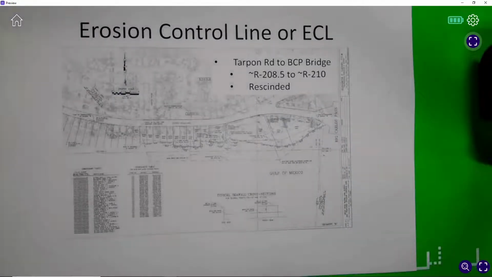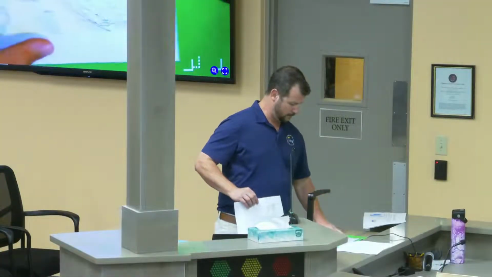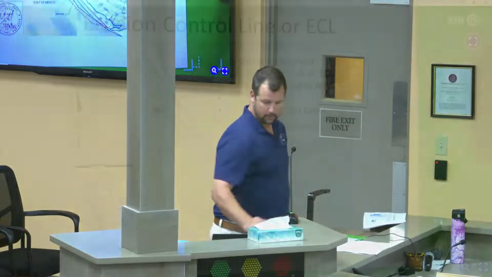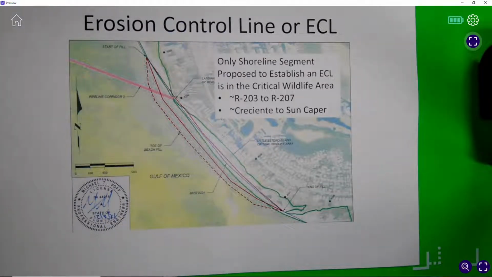As you all know, it's accreted considerably since then, but from Tarpon Road to Big Carlos Pass Bridge, those property owners were successful in getting that rescinded. I know this has been said several times, but just to reiterate, the only shoreline segment proposed to establish an erosion control line is in the critical wildlife area.